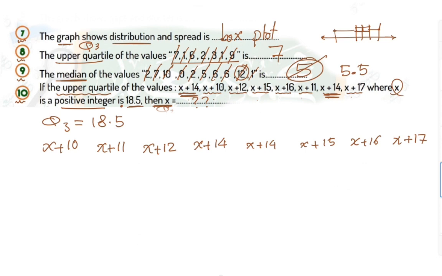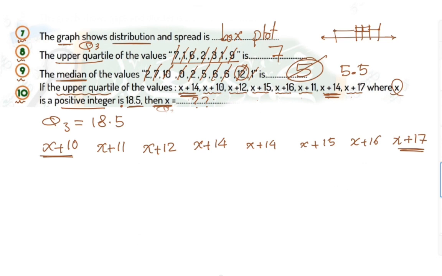Okay, now I arranged them ascendingly from the smallest to the greatest. First count them. 1, 2, 3, 4, 5, 6, 7, 8. You have what? 8 values.